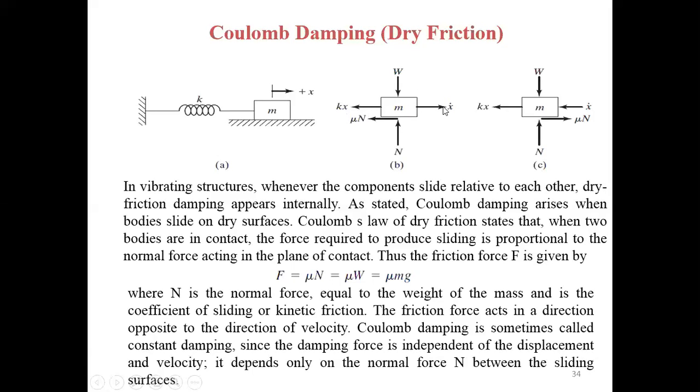So the force required to move this mass is equal to frictional force plus spring force kx, right? The kx is the spring force and mu N is the frictional force. So kx plus mu N, where mu N is equal to mu W is equal to mu m g, right?